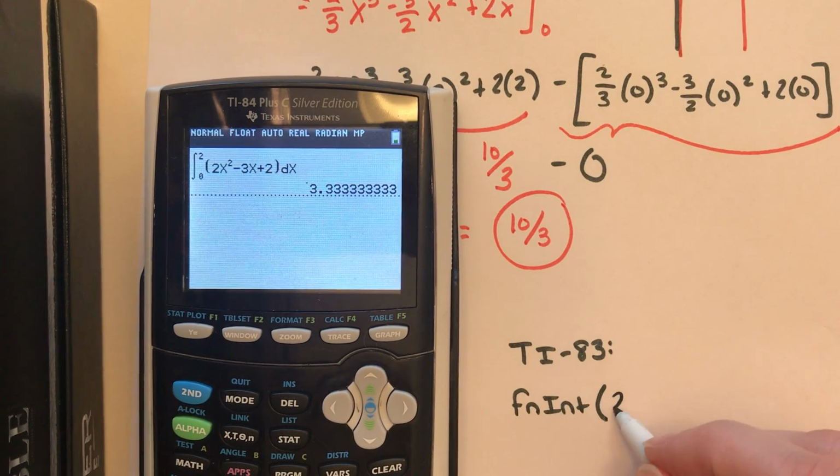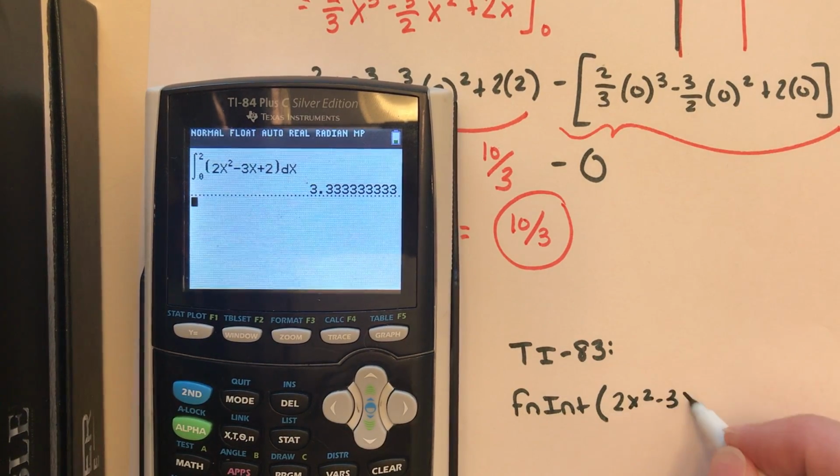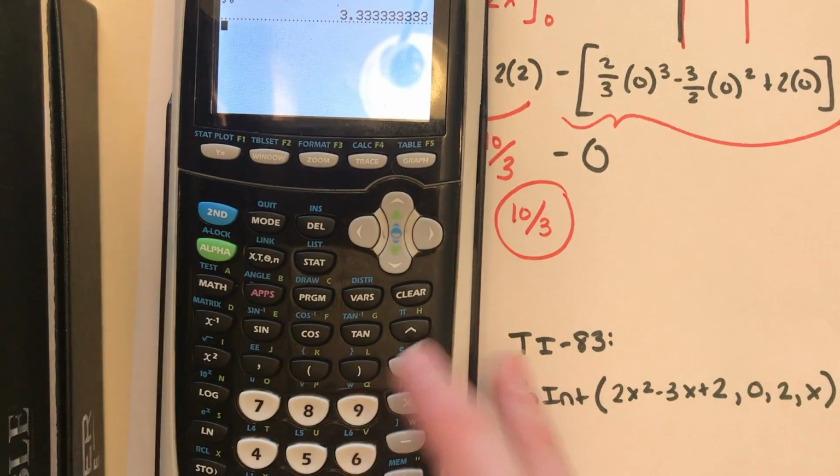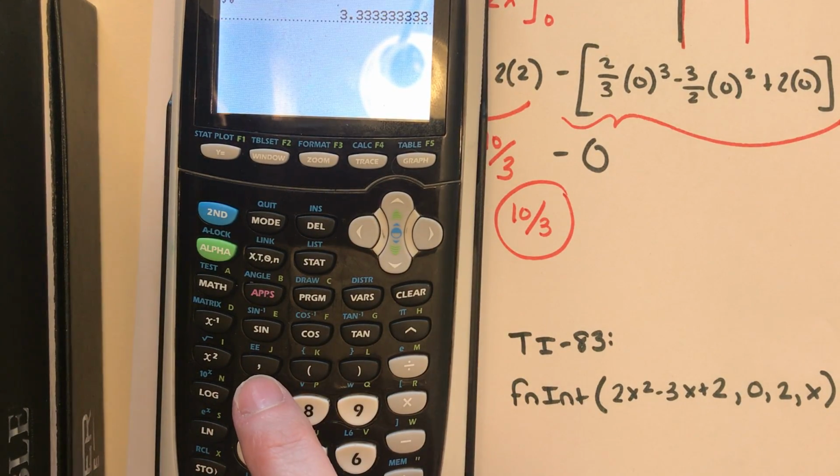So you're going to type in the function 2x squared minus 3x plus 2, comma. You're going to put your boundaries in. So 0, comma, 2, and then at the end, the dx part, so the variable, comma, x. Now, the comma is right next to your parentheses. So if you can't find that, it's right there.